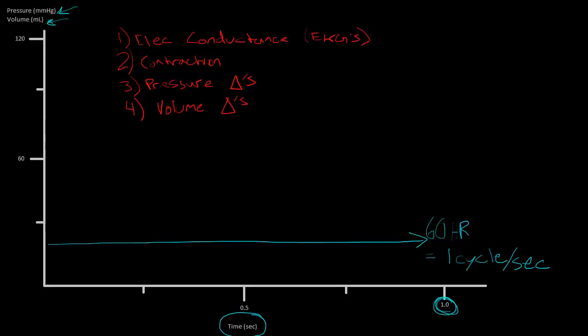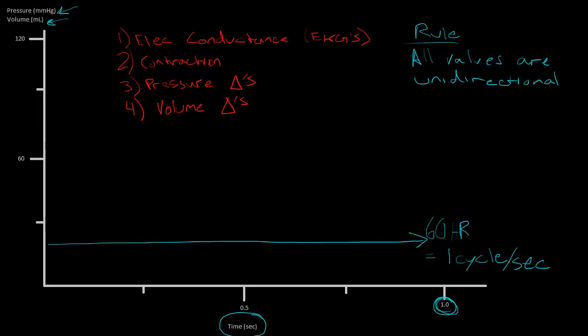Something else I want to introduce really quick is a rule that we're going to live by. In the normal person, all heart valves are unidirectional, meaning these valves are only going to open in one direction.